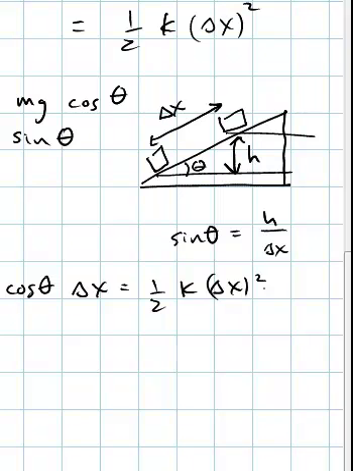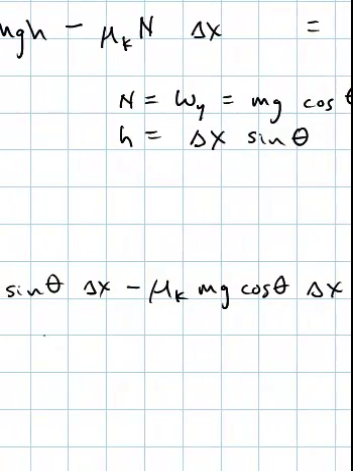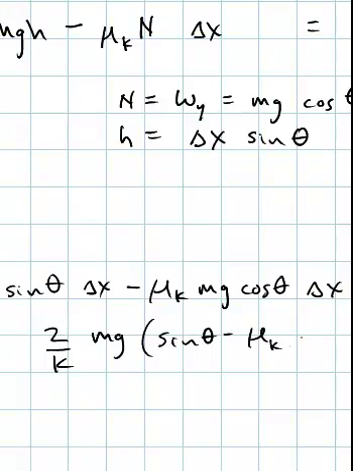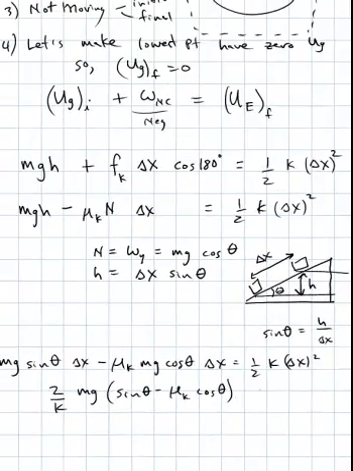And as long as delta x is not 0, we can divide through by a delta x and get rid of 1. And what am I left with? I'm left with 2 over k times mg times sine theta minus mu sub k cosine theta is equal to delta x.